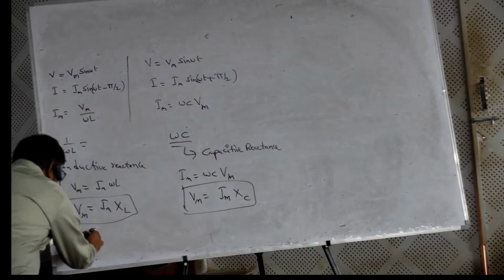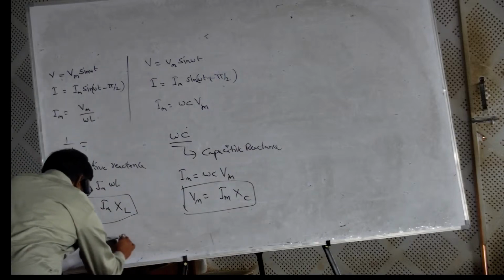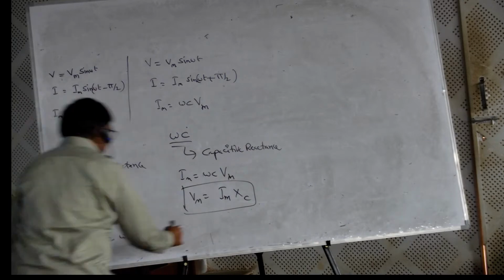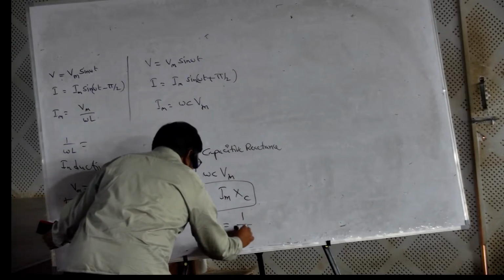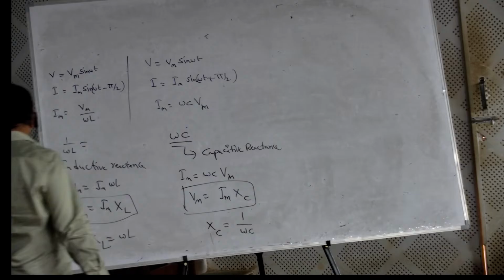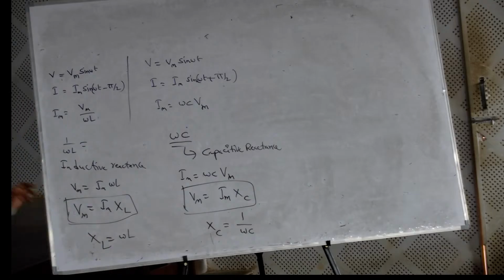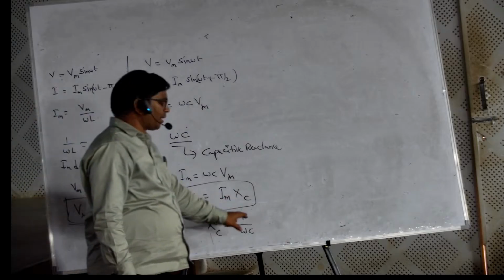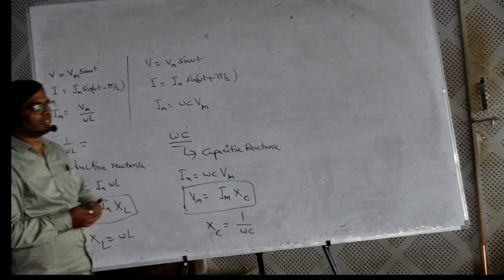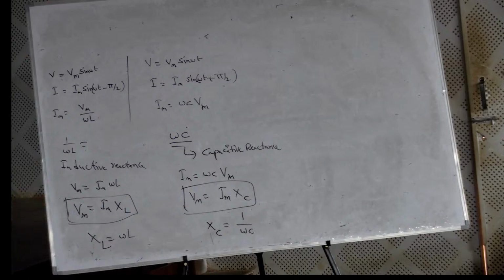What is XL? XL is equal to omega L. What is XC? XC is 1 by omega C. These two terms are called inductive reactance and capacitive reactance.